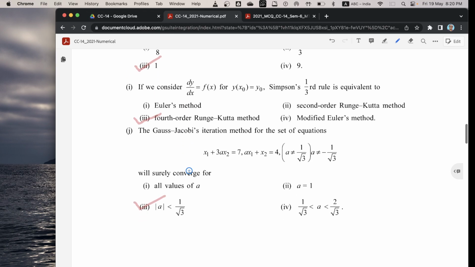Next question. We consider dy dx equal to f x for the initial condition y x0 equal to y0. Simpson 1/3 rule is equivalent to option 3, the fourth order Runge-Kutta method.